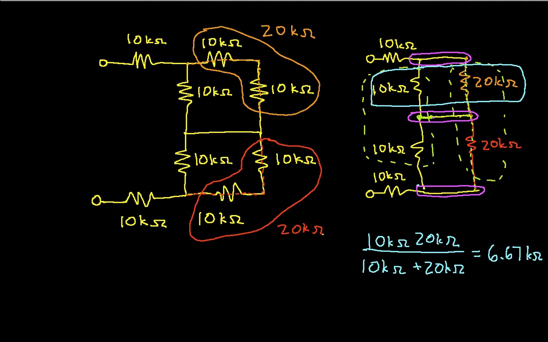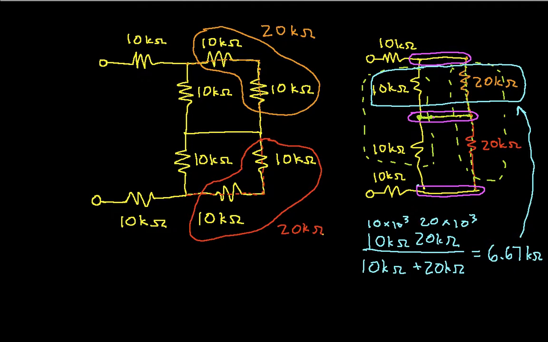I'll let you work that out. You have to remember, since these are k ohms, to actually do this as 10 times 10 to the third, 20 times 10 to the third, and so on. But in any case, this equivalent resistance is 6.67k ohms.